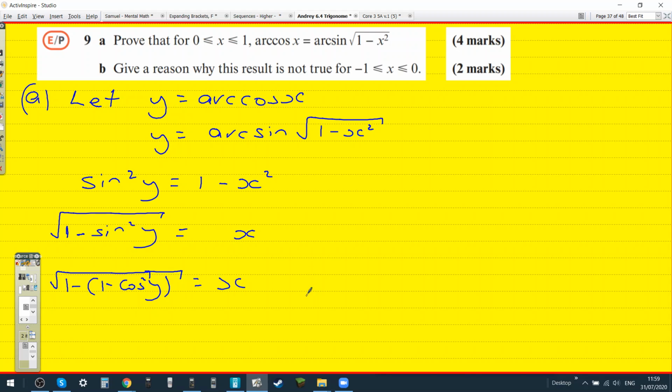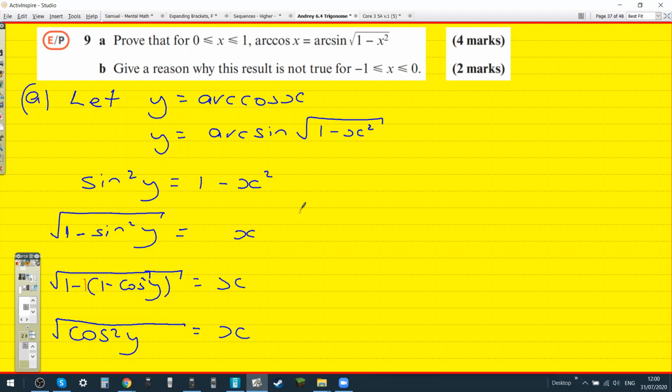And so I'm going to have to start squaring back, don't I? You could expand that bracket with a minus 1, same as subtracting. So would that be 1 minus 1 plus cos squared y? Yeah. And so you're left with just cos squared y. 1 minus 1 is 0, plus cos squared y.